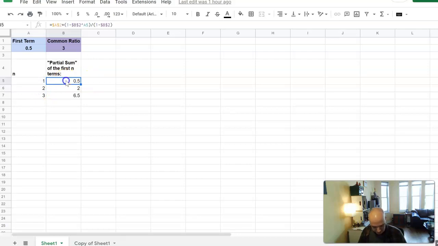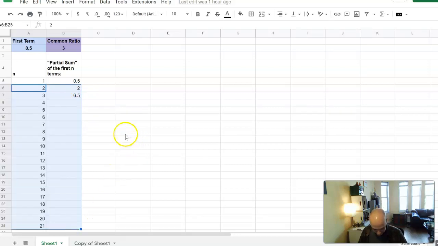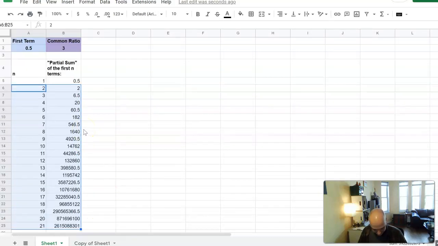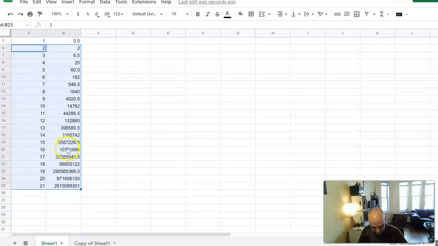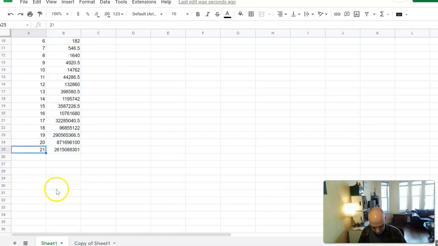And the first term is 1/2, and then the second term, like we said, 1/2 plus 3/2 is 2. You add the third term, you get 6.5, and here's the magic of spreadsheets. I can just drag this down to the edge of the screen, and we'll think about it for a second and repeat the pattern. Now, we can see, so this would be the sum of the first 21 terms, for example.